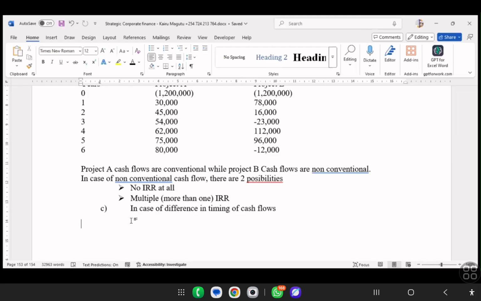We say that mutually exclusive projects may have different pattern of cash flow timing.